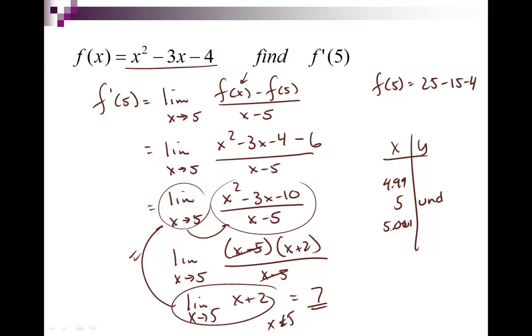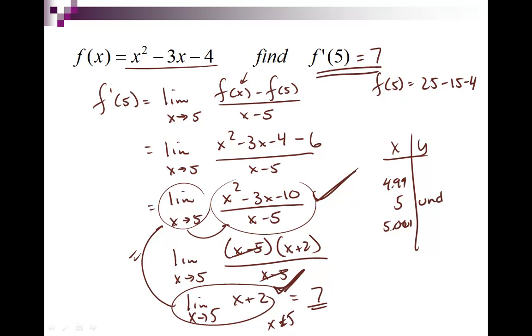Again, this is because the limit doesn't care what happens at 5, only what happens really, really close. So therefore, the limit of my original difference quotient will equal the limit of my simplified value, and now I'm to a place where I can actually plug 5 into the equation, and we find that the limit is 7. Therefore, f prime of 5 equals 7.